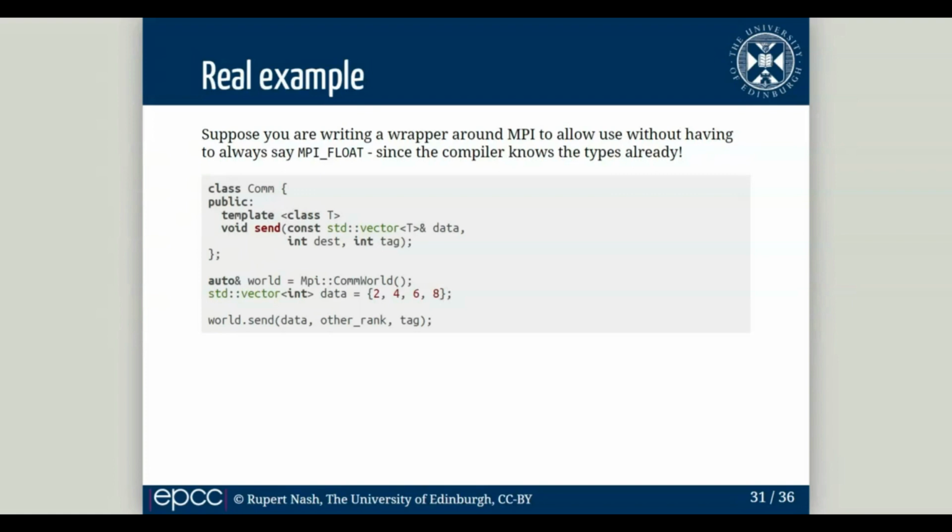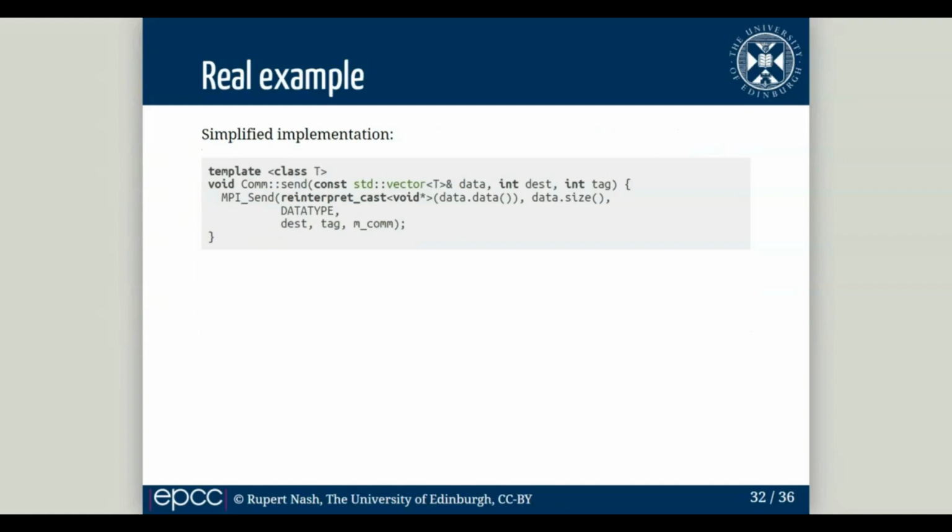Now, all we've had to provide there is the data, the destination, and some reference tag that says which message this is. You can think of a simplified implementation of this particular send as follows. It's just going to call the MPI library send.